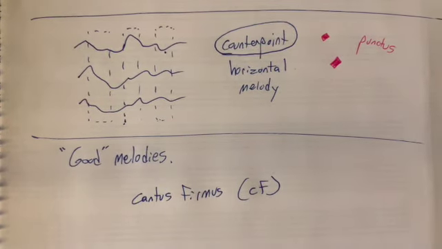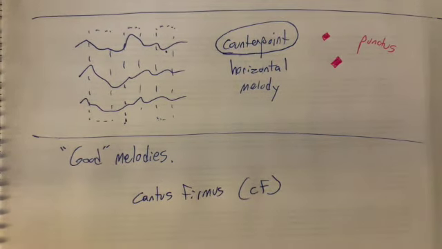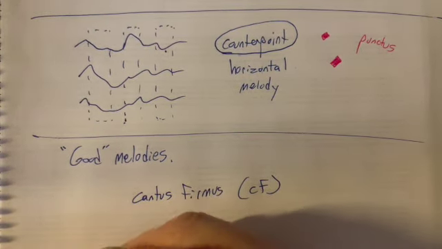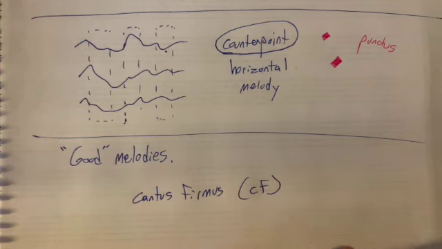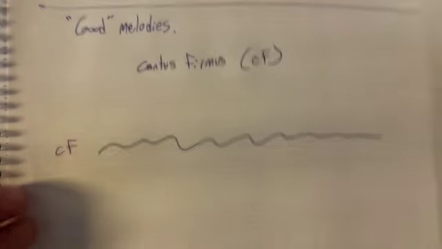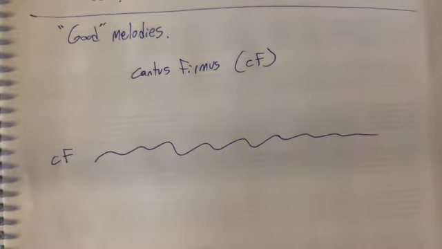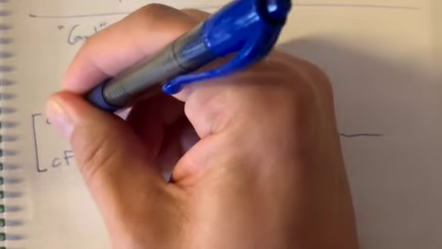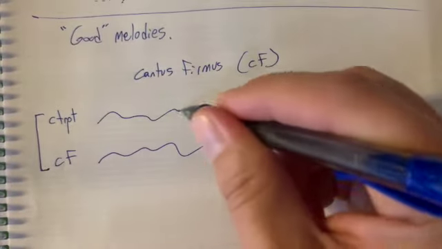And kind of since time immemorial, the way we work on counterpoint is that we'll write our cantus firmus. We'll write it, say that's our cantus firmus. And then we'll do two separate exercises. We'll do a counterpoint above the cantus firmus. Right?